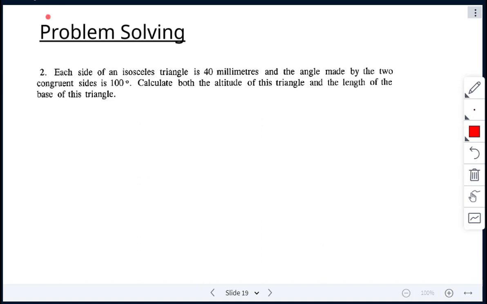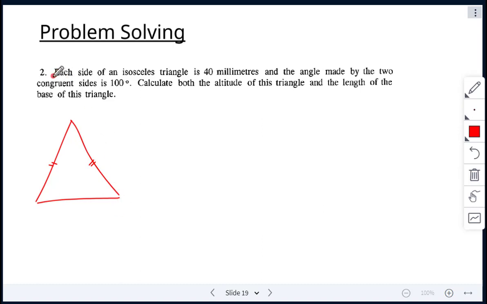So first of all, there would be a mistake here. An isosceles triangle only has two sides that are equal. So here in my triangle, these two sides would be the equal sides.